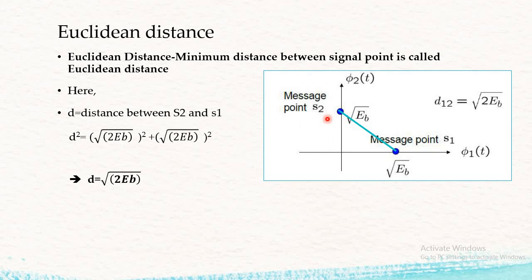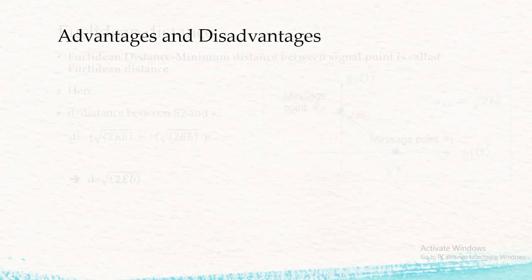From that we know this distance d square is nothing but a square plus b square. So what is your a square? This is root of Eb squared, plus this distance is also root of Eb, therefore we take their squares, and the complete distance d comes out to be root of 2Eb. So this root of 2Eb is nothing but the Euclidean distance of FSK modulation.